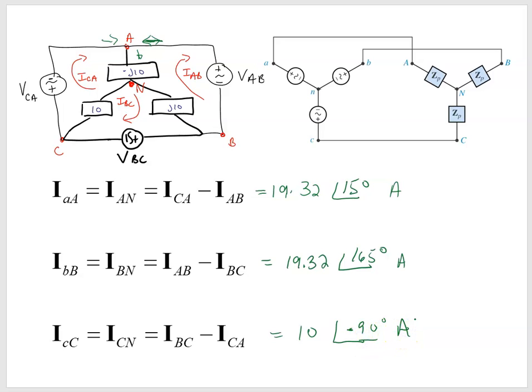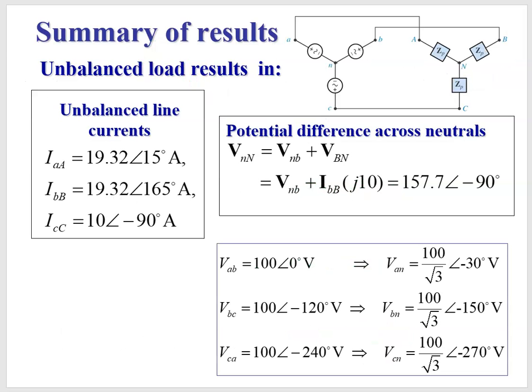So what we want to do from this is calculate the power. If we have that on this slide, we do have a potential difference across the neutral line, right? Even though there's no wire there, there's a potential difference.